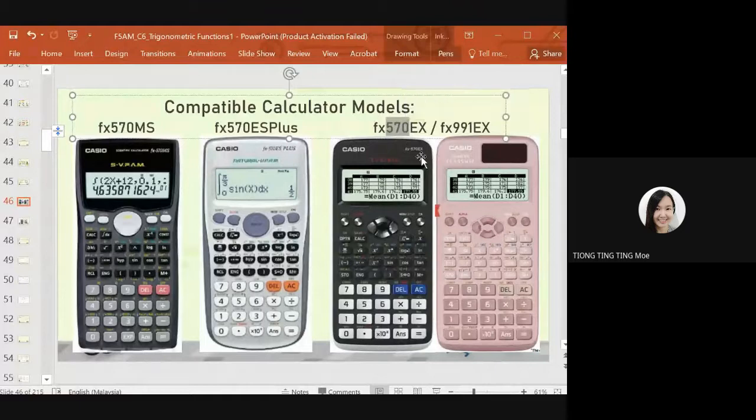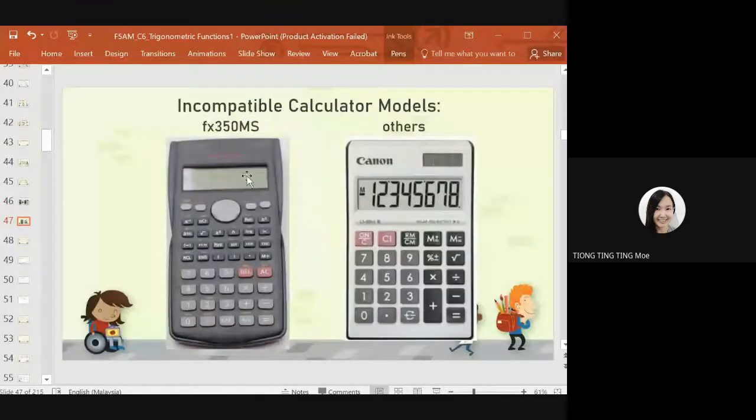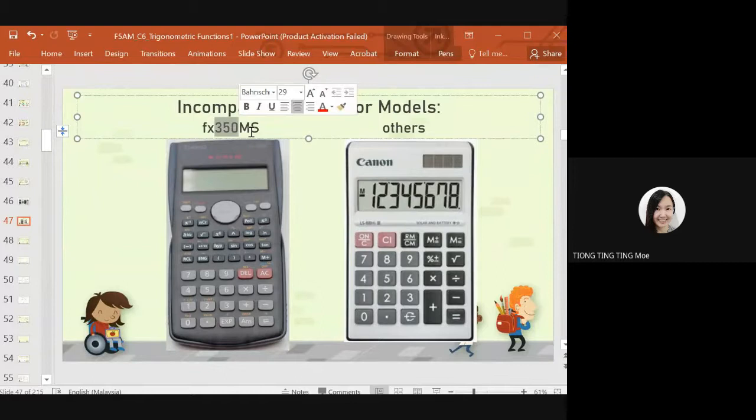boleh pakai. Okay? 570 boleh pakai, tapi yang tak boleh pakai, punya incompatible. Ada banyak budak yang masih using 350. Cannot use this one. You use this one, a lot of you cannot find out. Also this one, 350 is not suitable for Form 5 students. Okay, ada budak yang masih pakai 350 tak?